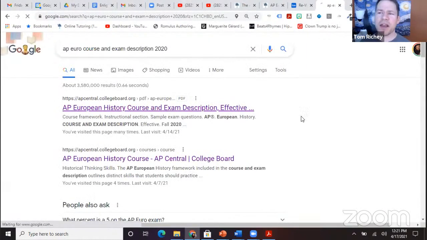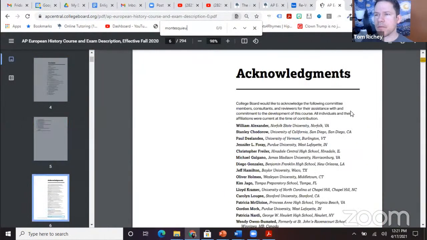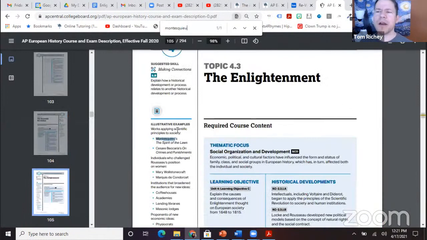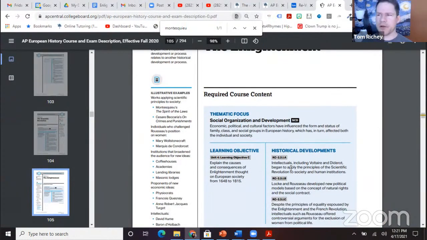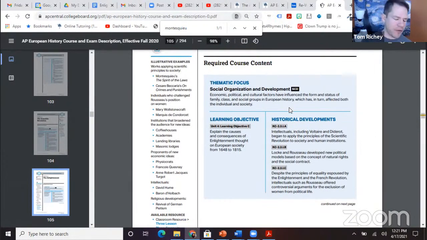If we're looking at the Enlightenment, just a little tip for you here: Montesquieu does not appear in the blue box. Where we see Locke, Rousseau, Voltaire, Diderot in the blue box, that means these guys, you should know who they are. You can be accountable for them on the multiple choice.